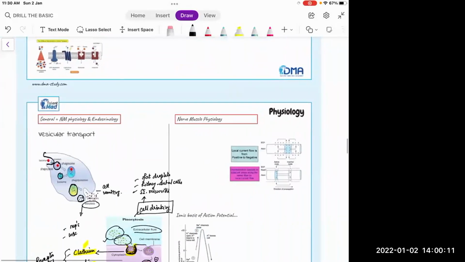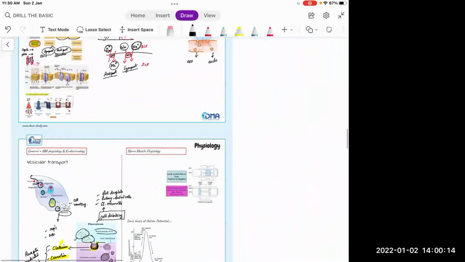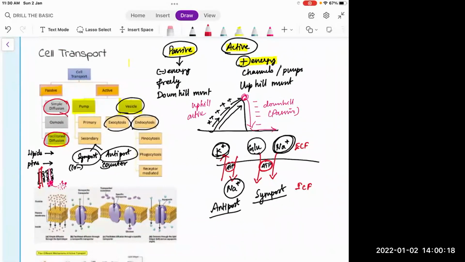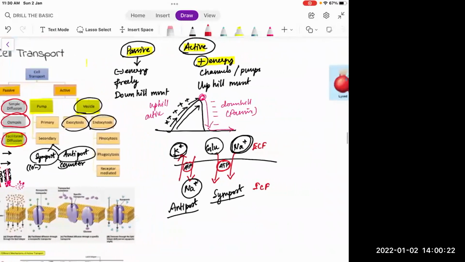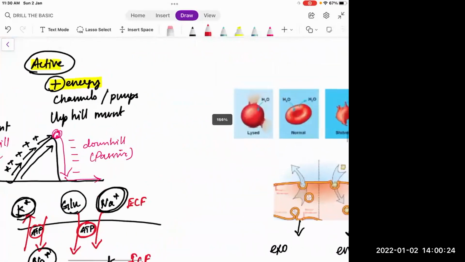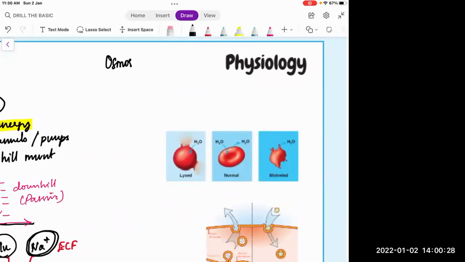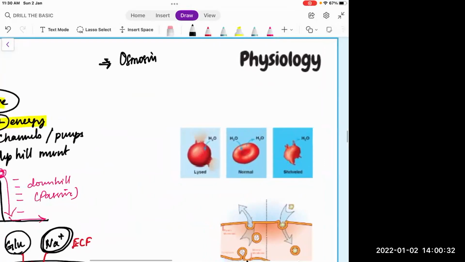And one more thing we have missed out over here is osmosis in the passive transport. So what is osmosis? It is one of the passive transport mechanisms.